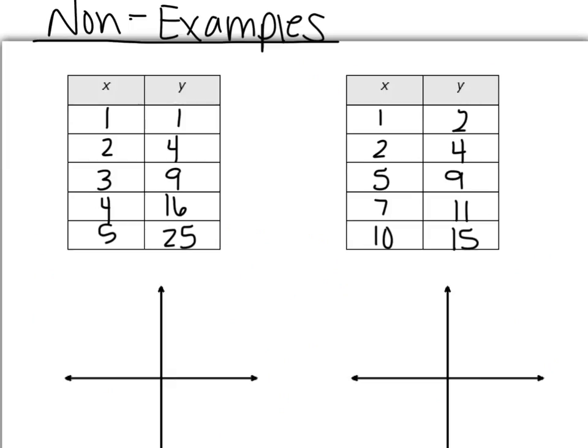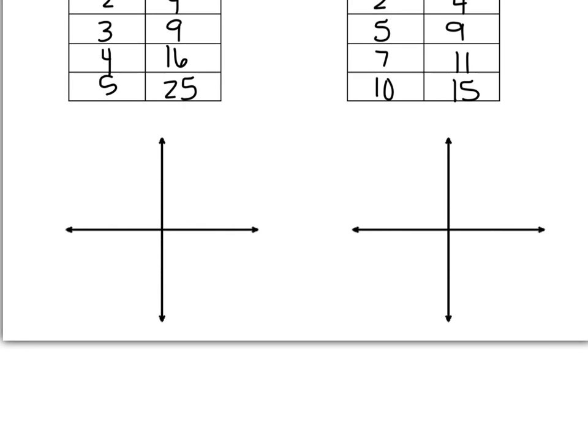Now to talk through some non-examples. Again, I'm going to start with the graph right here. For your graph, it must be a straight line, so non-examples would be lines that have bends or curves. This example has a bend right here. That is not linear. When it curves like this, that is not linear.